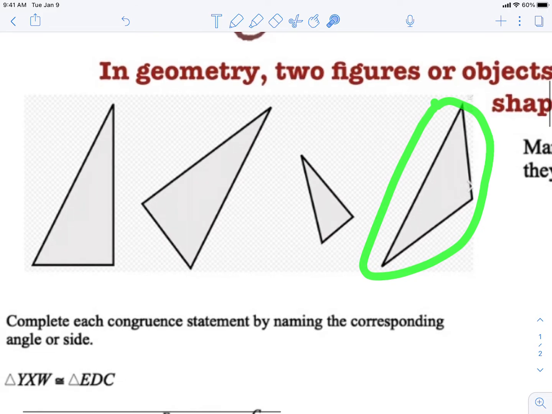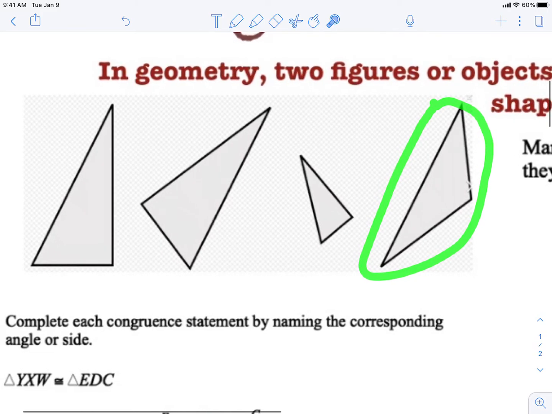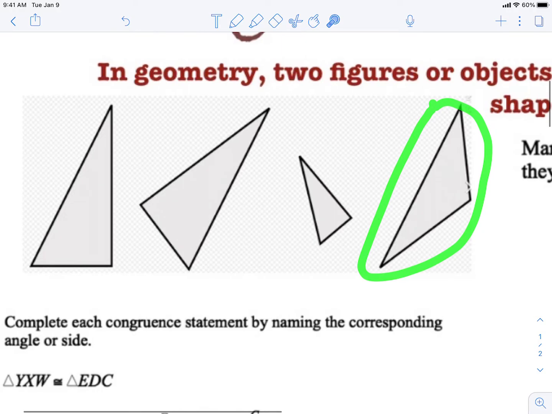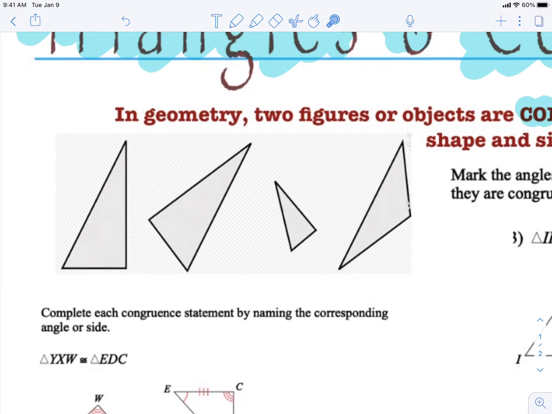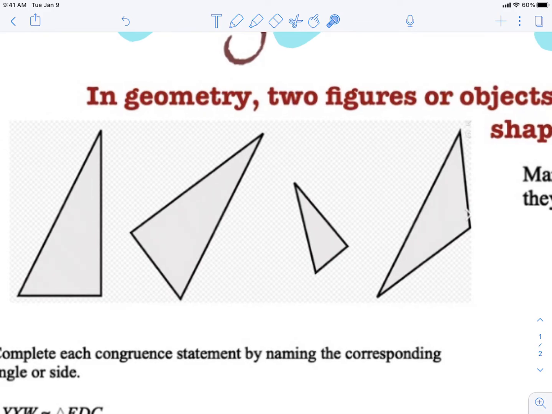Well, it's the same size, kind of, but it's not the same shape, so it's not congruent. It's also not similar because it's not the same shape. So this one is nothing, just another triangle.